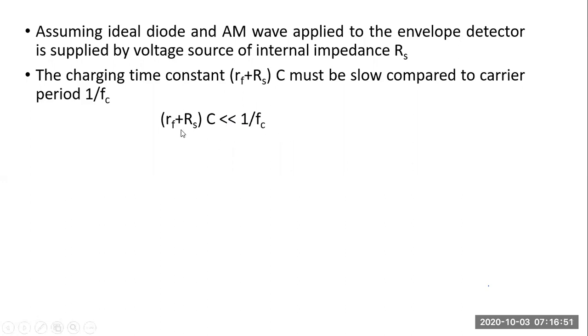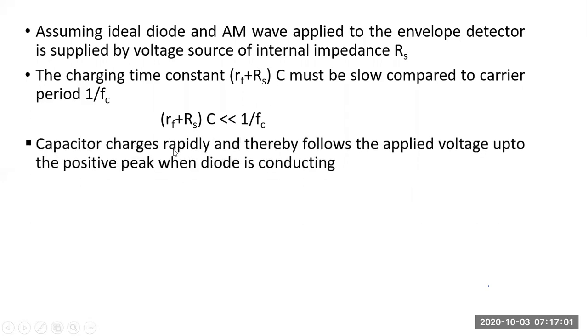As the carrier changes, the voltage across the capacitor should follow it. Okay, it should not miss. That's why it should be less than 1 by Fc. So the capacitor will now charge very fast, and hence it follows the applied voltage when the diode is conducting, until it reaches the positive peak.